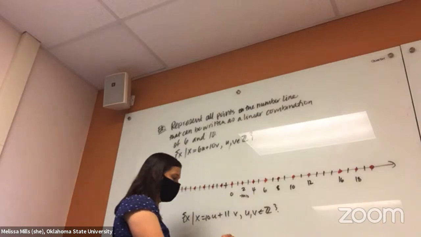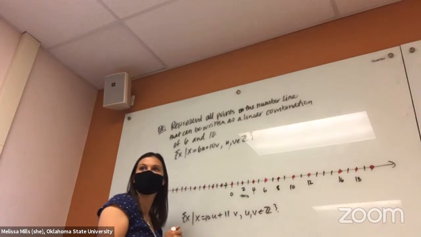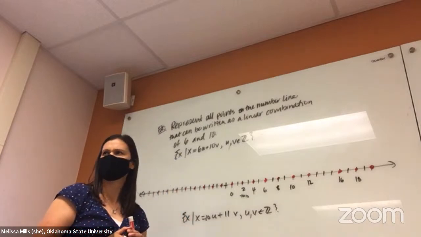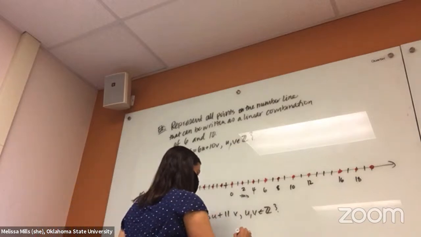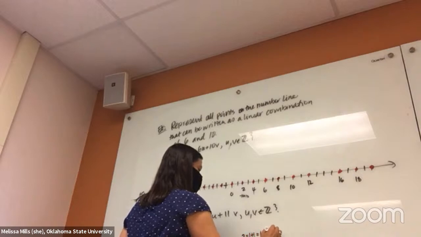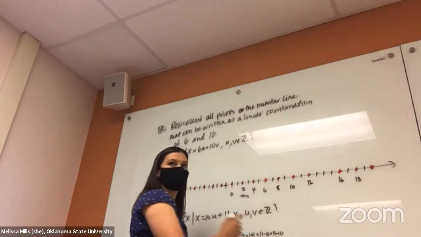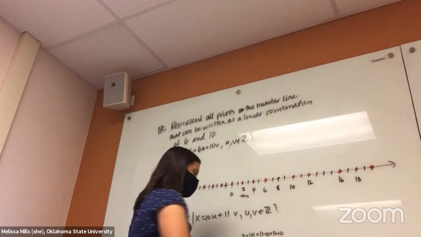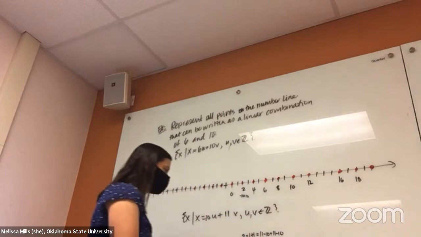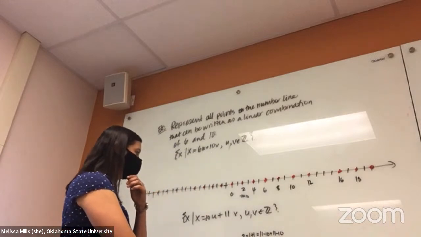So once I have that, then I can get every other integer from that. Does that make sense? Because I can say 2 is equal to 1 plus 1, which is equal to 11 minus 10 plus 11 minus 10. And so that's a linear combination of 10 and 11. Okay, so you see that? So we're going to get every integer.